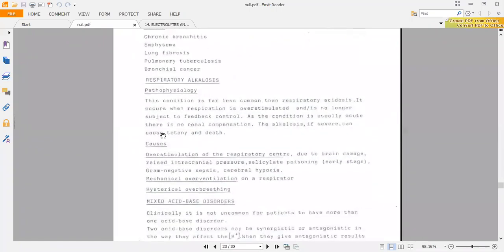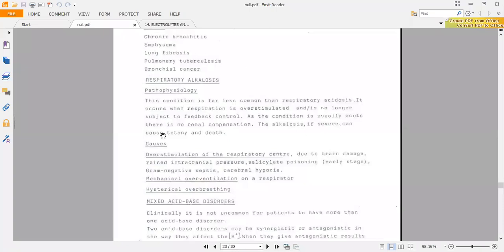In what state do we get respiratory alkalosis? Respiratory alkalosis occurs when the person hyperventilates. This is a case where the person is breathing in and out very quickly. When you do that, you are pushing away all the carbon dioxide, and carbon dioxide in itself is an acid.